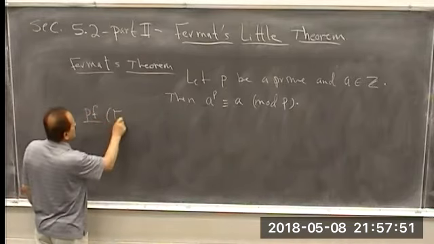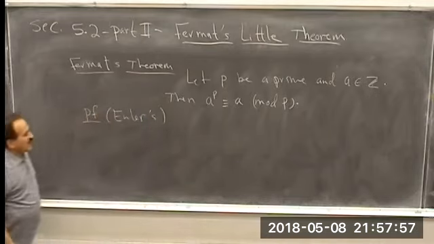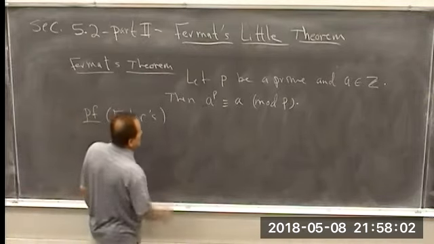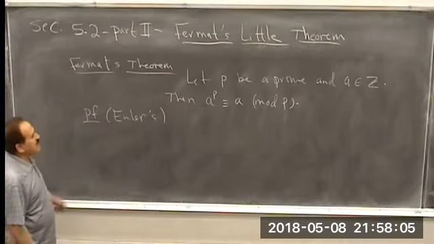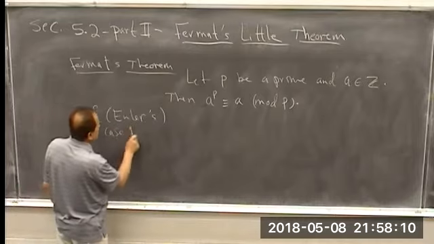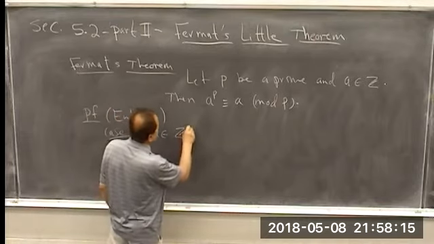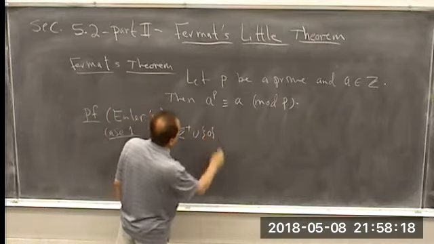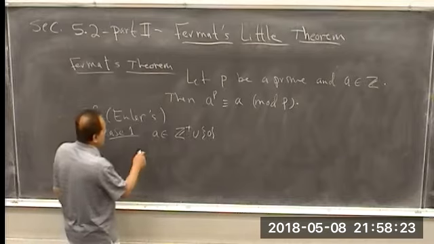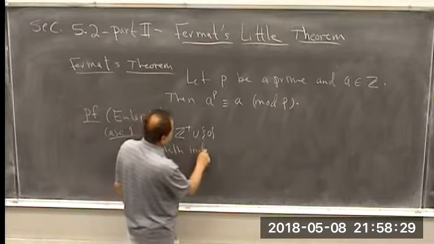And this is Euler's proof. We're going to do this by math induction on a. So we're going to take two cases so we can apply the math induction. Case 1, where a is a non-negative integer, either positive or 0. So this is by math induction on a.